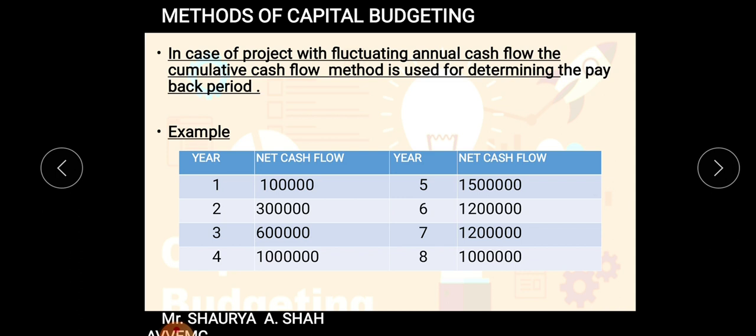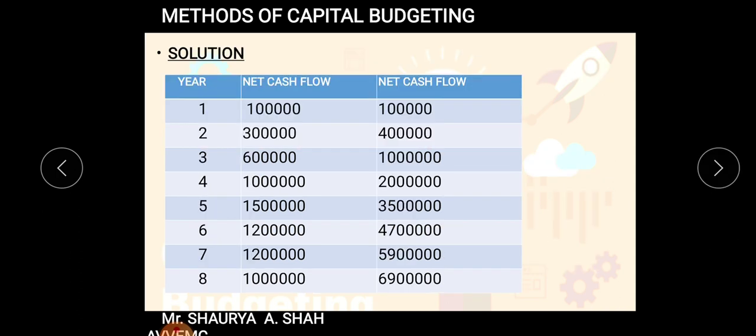Remember students, two methods in payback. First, what we did was your fixed income. Second, what we are calculating is your fluctuating cash flow. Fine. So if it is a fluctuating cash flow, you need to find out the cumulative cash flow. What do you mean by cumulative cash flow? For example, year 1, I am getting 1 lakh rupees of cash flow, so my cumulative will also remain 1 lakh only.